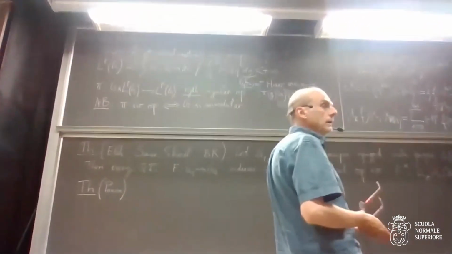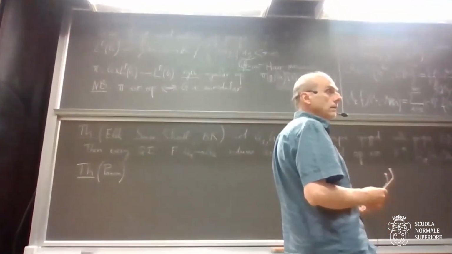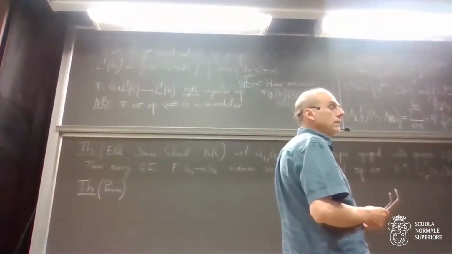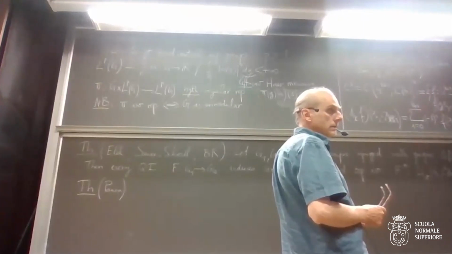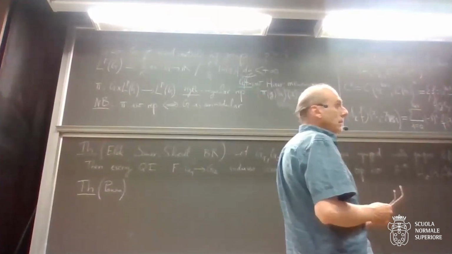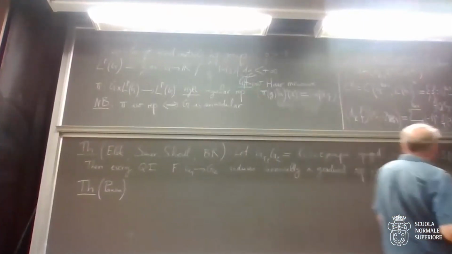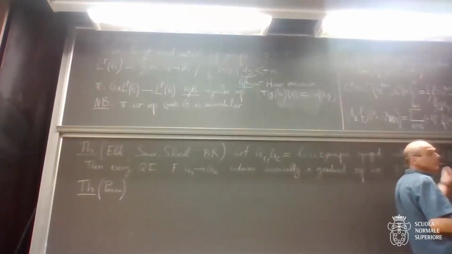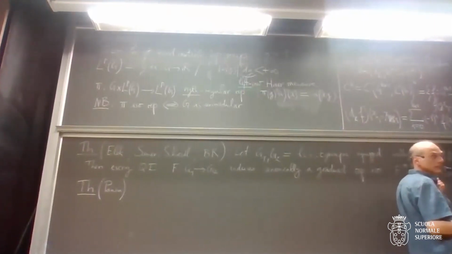If the group is semi-simple, then it's the same as the simplicial cohomology of the symmetric space, and also the same as the de Rham Lp-cohomology of the symmetric space.